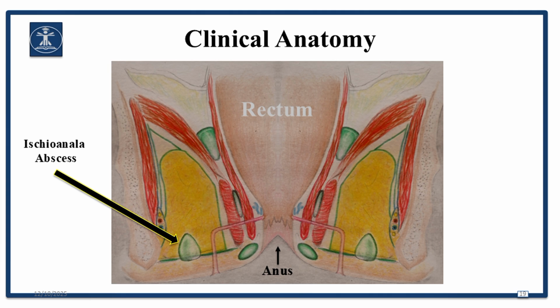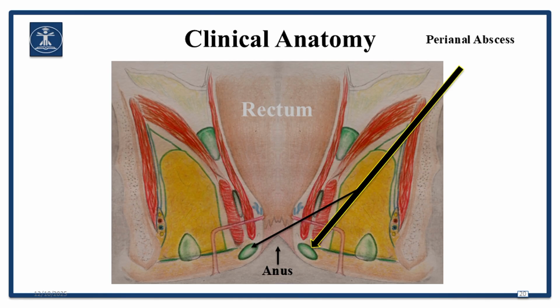It is less painful just because the fats in the ischioanal space are not tightly packed, they are rather loosely packed. Thirdly is the perianal abscess, which builds up in the perianal space. So that area is the perianal space, and inside of this is the perianal abscess.